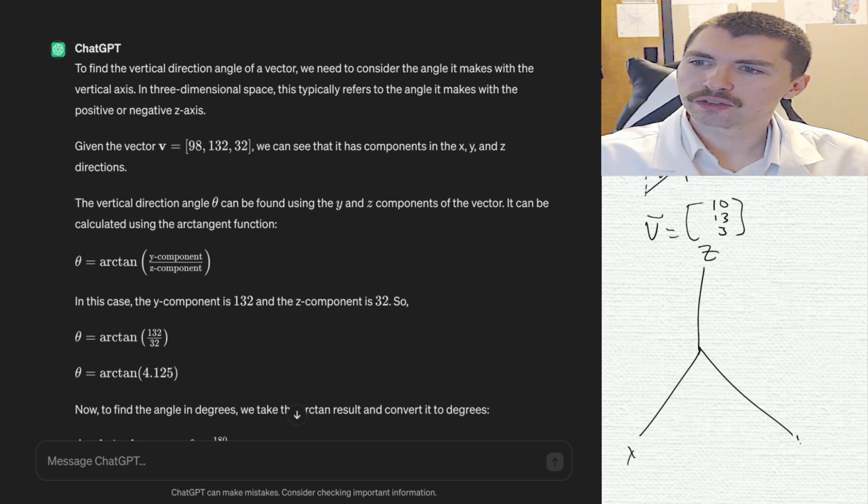C, X, Y. So we have 10. 10, 13, 3. 1, 2, 3.